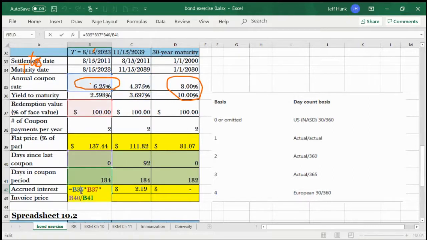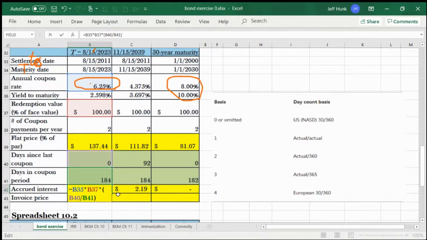There was a little element that I didn't incorporate in here, which is the fraction of the number of days.